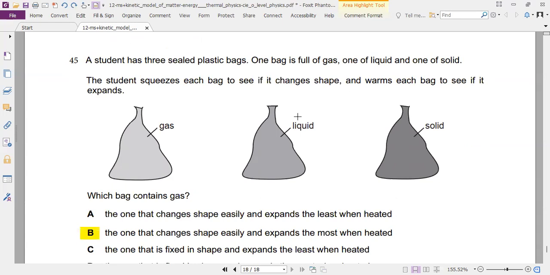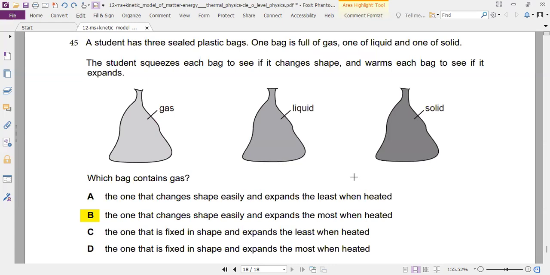45. So the student squeezes and warms each bag. Which bag contains gas?